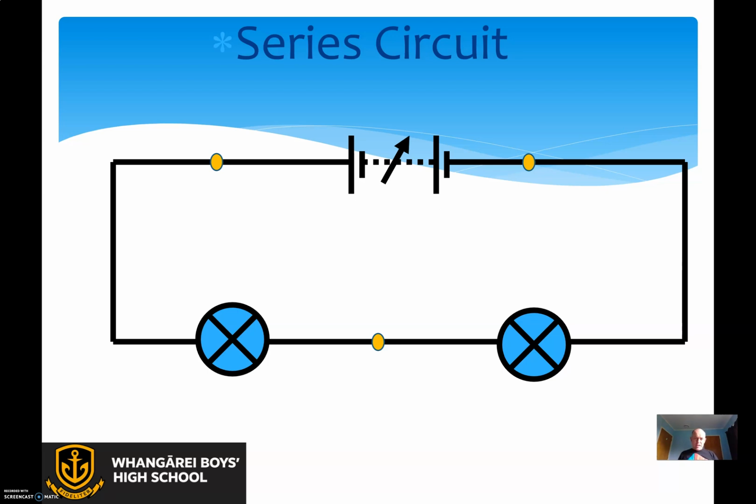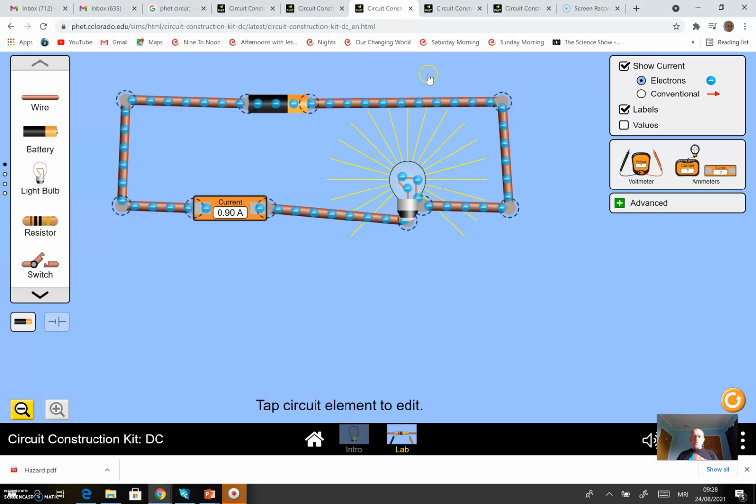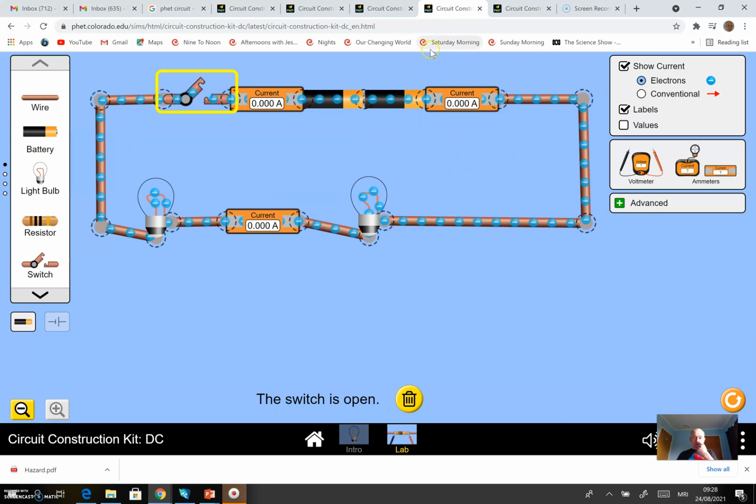Now a series circuit. In the lab, we don't have lots and lots of ammeters, so what I would do is double plug here, and then we can put an ammeter in each of the places. But with a simulator, we can. So here's one I prepared earlier. What I've got here is a couple of cells, an ammeter either side.